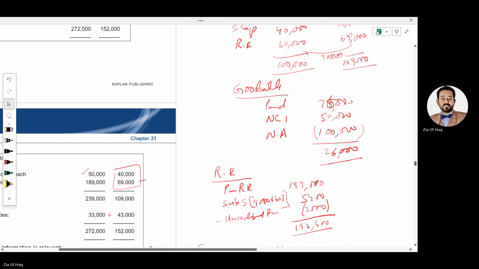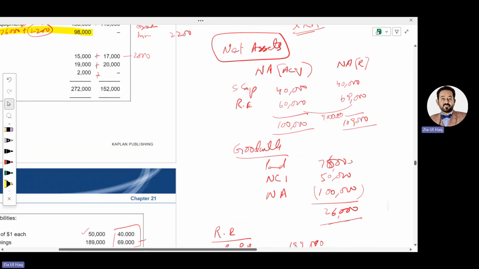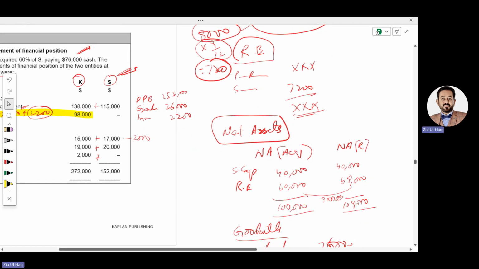Now, what is the goodwill figure? Goodwill is 26,000. Adding the other figures gives 253,000. And by excluding 2,000 from inventory, it will be 30,000.